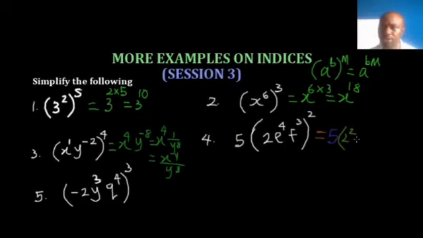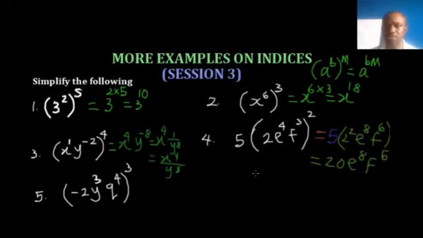Then we have e, 4 times 2, that gives us 8, and we have f, 3 raised to power 2 means 3 times 2, that gives us 6, and the whole answer becomes 5 times 4. 2 raised to power 2 is 4, and that becomes 20 e raised to power 8, then f raised to power 6.